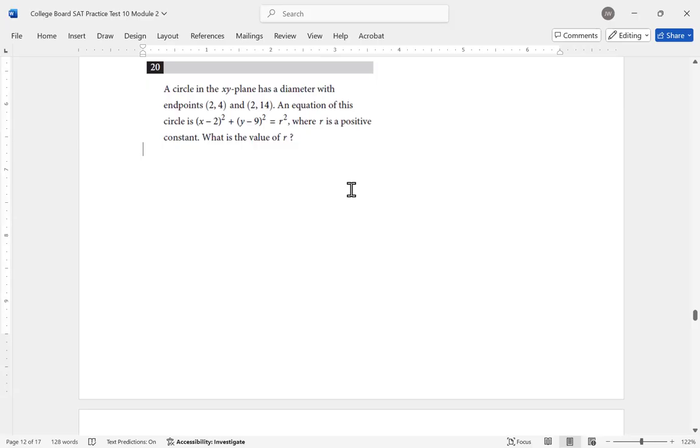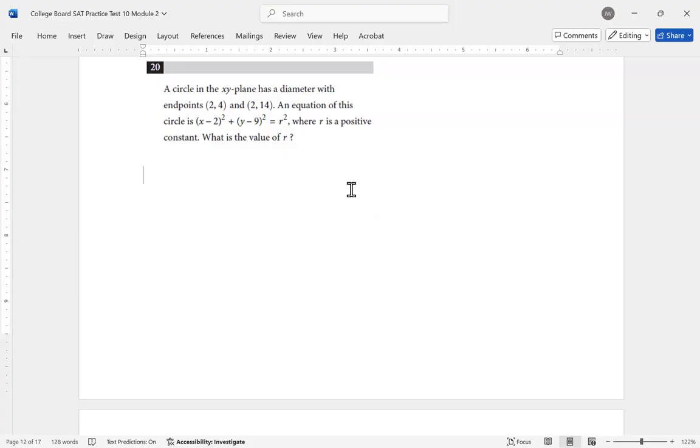Question 20. A circle in the xy plane has diameter with endpoints of (2, 4) and (2, 14). The equation of the circle is (x minus 2) squared plus (y minus 9) squared equals r squared, where r is a positive constant. What is the value of r?